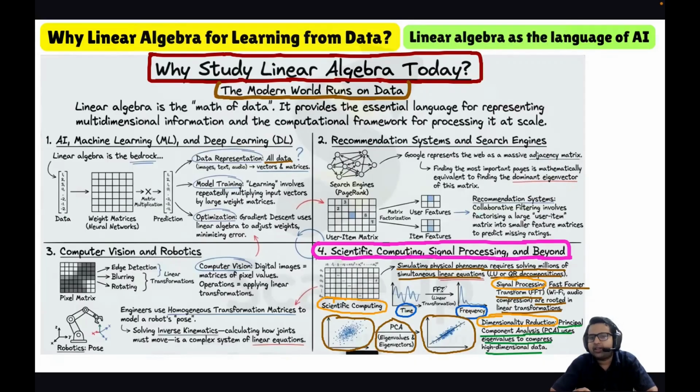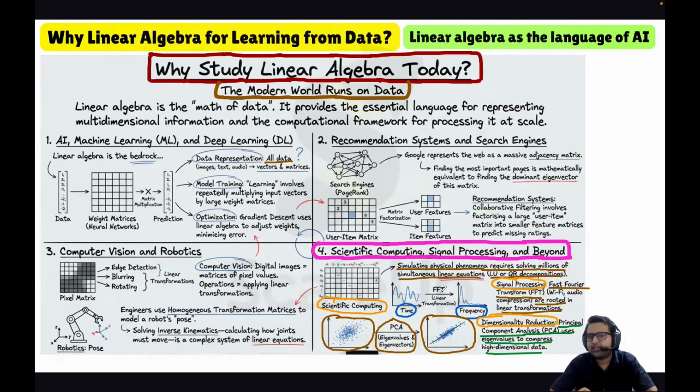So now it's very clear that in scientific computing, signal processing, and beyond, like dimensionality reduction, linear algebra plays a role. In scientific computing, if we are simulating physical processes, it involves solving millions of simultaneous linear equations. We make use of concepts of linear algebra like the LU or the QR decompositions.